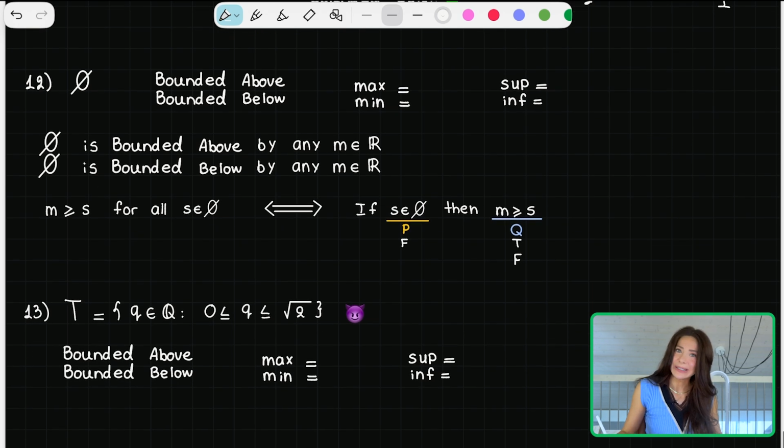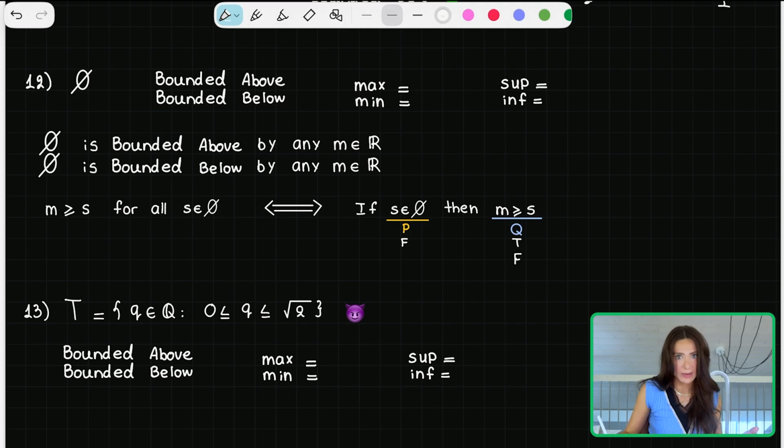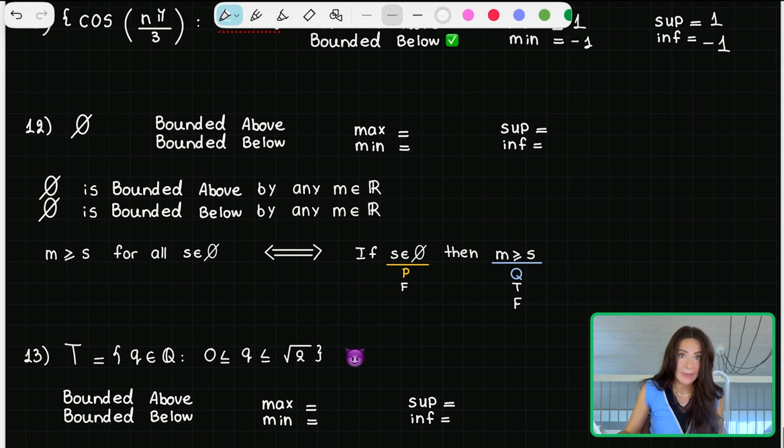Now, this is tricky, and I don't think you will ever get this on your exam, but it's interesting to think about it. Is the empty set bounded above and below? It is bounded above and below, and I will explain why. But it doesn't have maximum or minimum because it's bounded above by every number on the number line, and the same with bounded below.